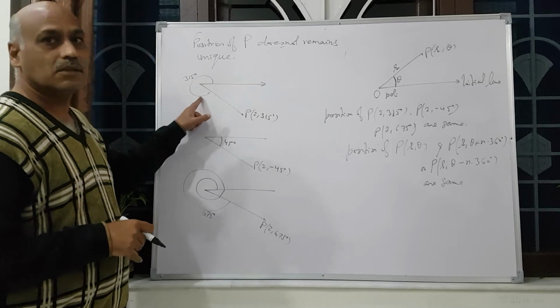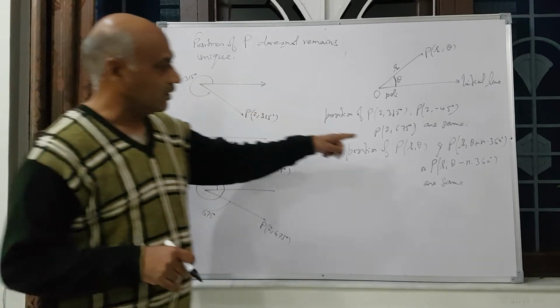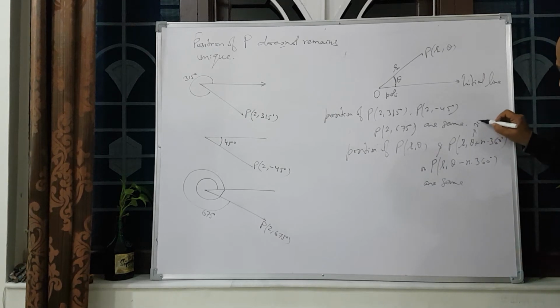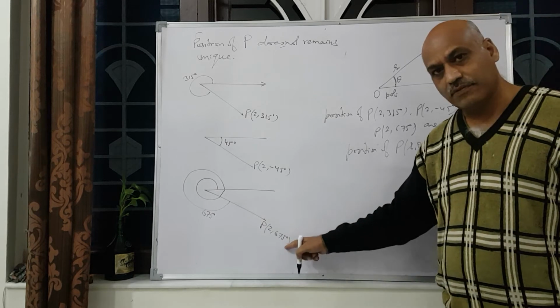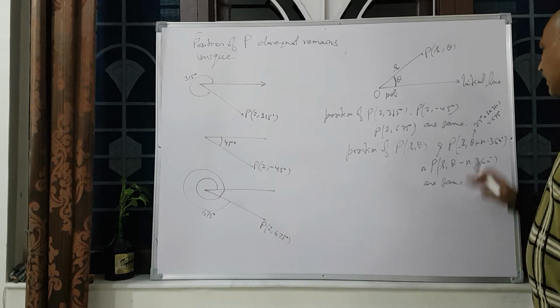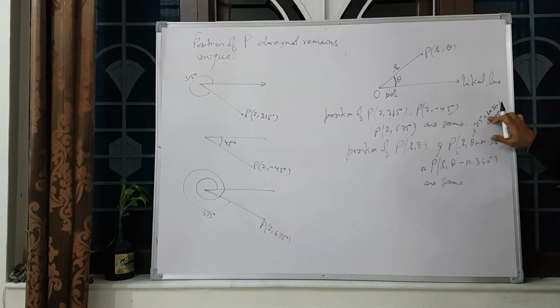If we write here 315, put n equal to 1, plus 1 into 360 means 675. The position of this is the same. Okay. We put minus here.